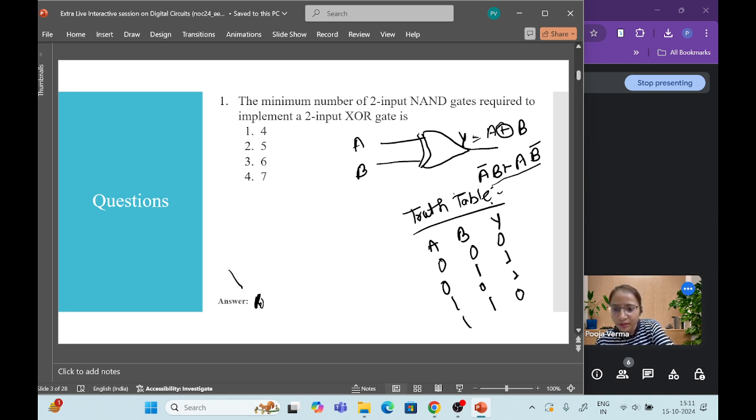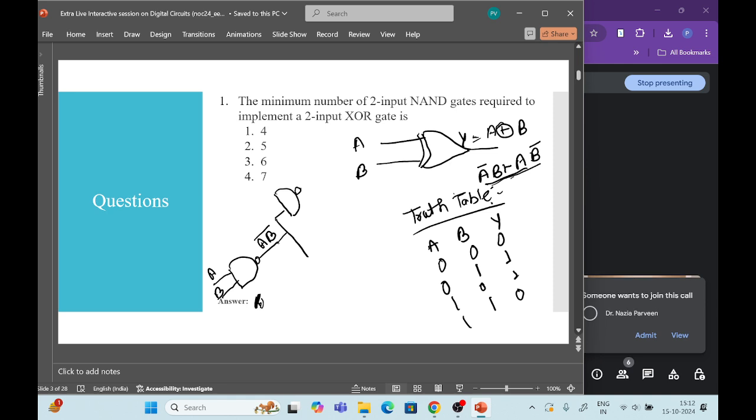So let's see. First we take a two input NAND gate. This is the logic diagram of a NAND gate with inputs A and B. We will get here (AB) dash, right? Now, we need this expression from here, so what will we get here?